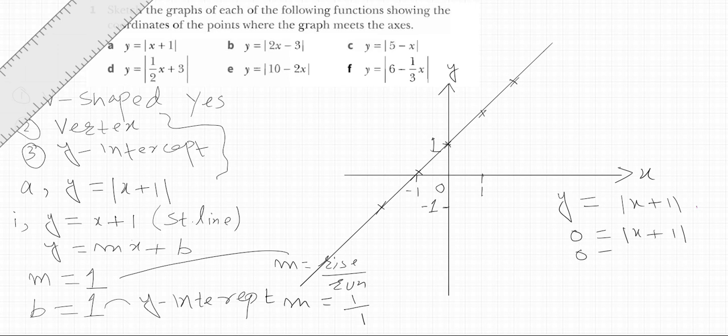Therefore 0 equals x plus 1. Move this plus 1 to the other side, therefore x equals -1. So our vertex is x equals -1 and y equals 0. So this is our vertex.